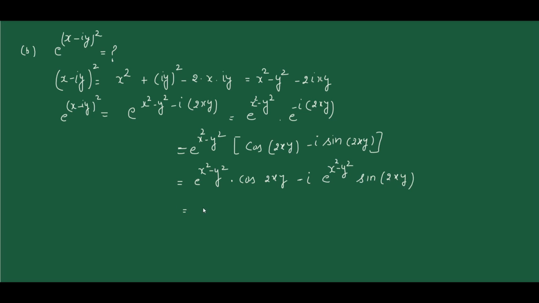So this can be written as a plus iota b, where the real part a is e raised to power (x square minus y square) times cos 2xy, and b is minus e raised to power (x square minus y square) sine 2xy. So this is the separation of real and imaginary part for this question.